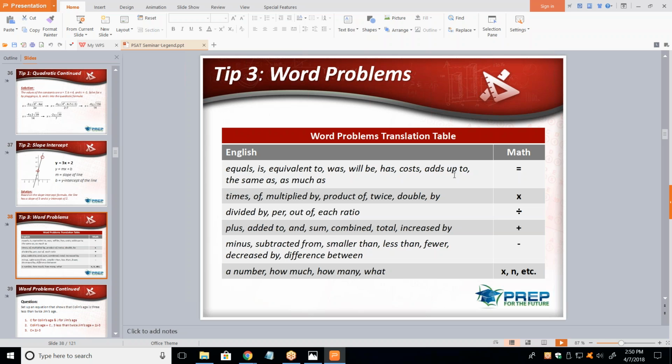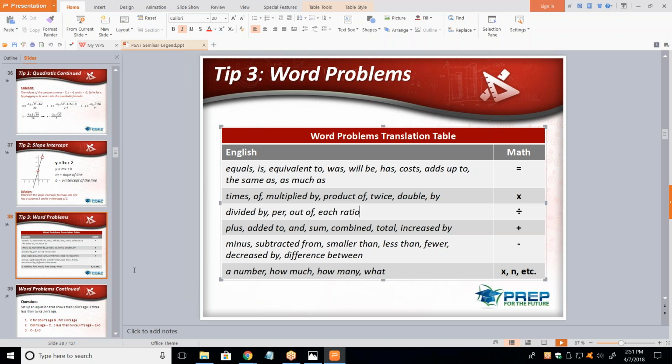So anytime you see the words on the left, they equal the formula on the right. And notice the one we just did, "of." Of means multiply. So 40% of 10 means 0.4 times 10.